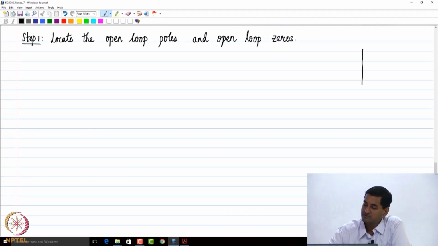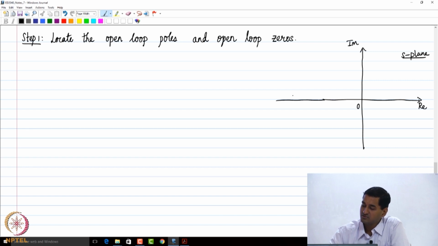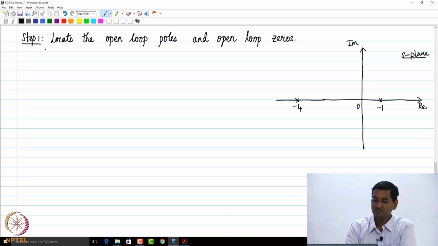Let's say this is my S plane, the real axis and the imaginary axis. This is the origin. Let's say my open loop pole is at -4 and another one is at +1. Those are the two things that we need to worry about, right?